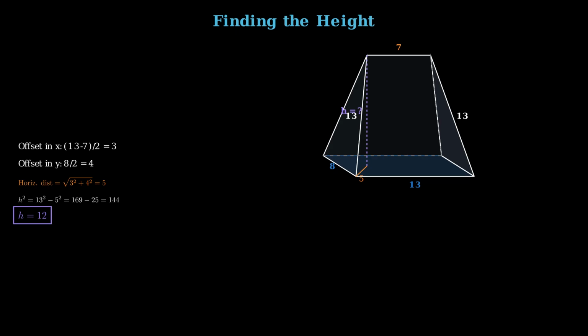So the horizontal distance is square root of 3 squared plus 4 squared, which equals 5. Then by Pythagoras, height squared equals 13 squared minus 5 squared, which gives 169 minus 25 equals 144. So height h equals 12.